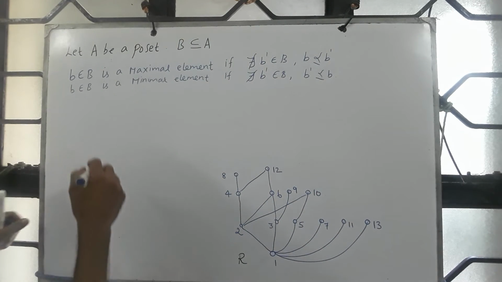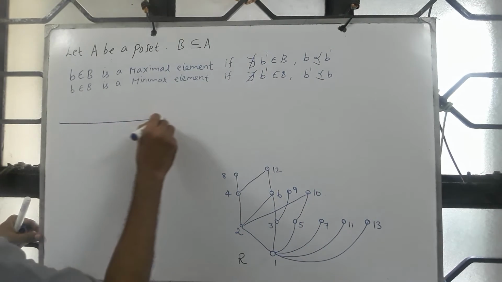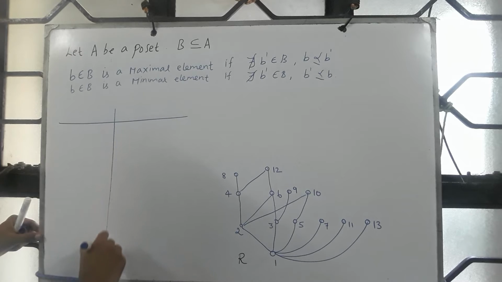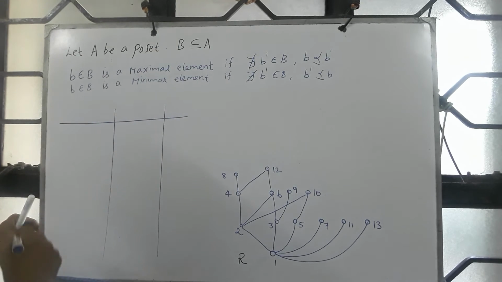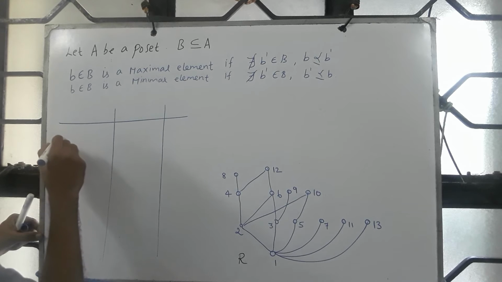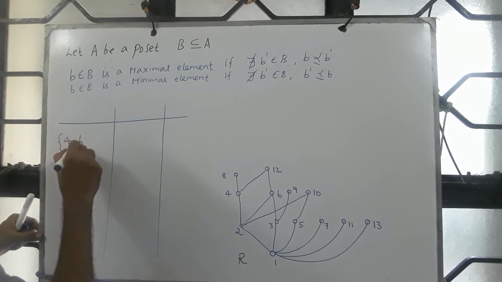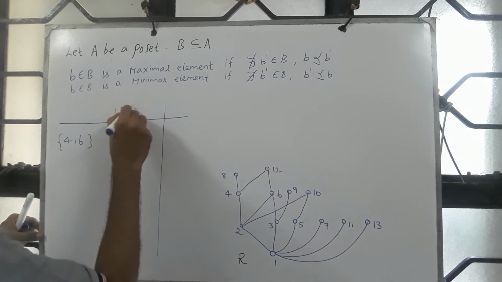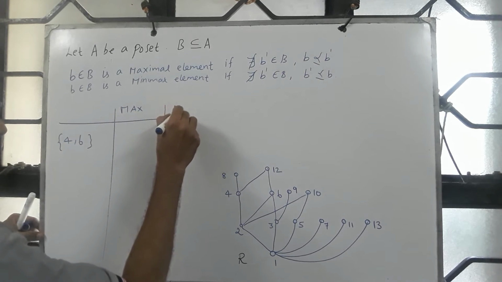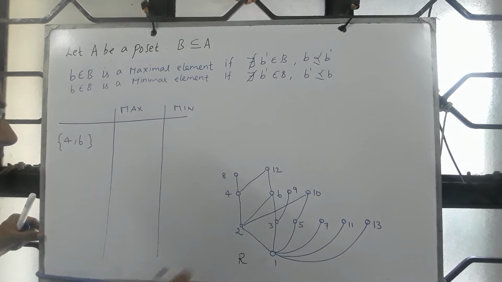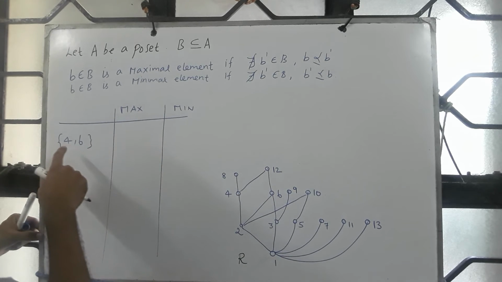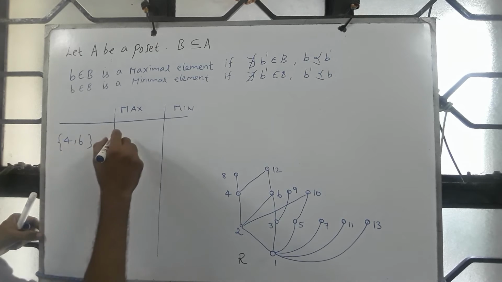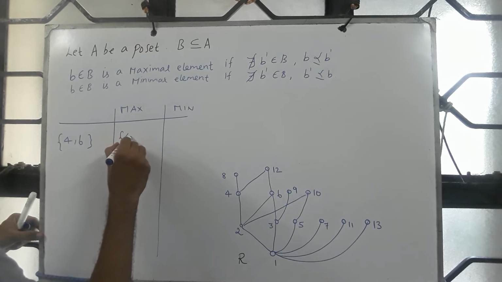And very similar to what we did for greatest element and least element, one can experiment with a couple of values for B. So let B be, say, {4, 6}, and look at maximal and minimal elements. Take {4, 6}. Is 4 a maximal element? Answer is yes.